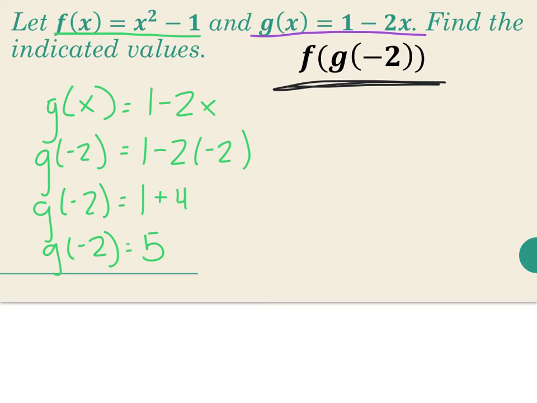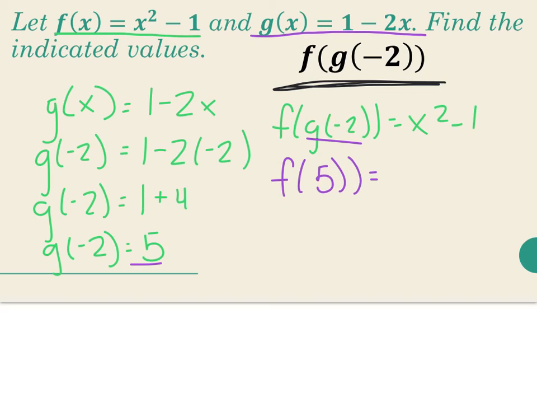We just figured that out. So now, if I was talking about f of g of negative 2, and f is x squared minus 1, well, we figured out that g of negative 2 is 5. So I'm really taking f of 5 is equal to x squared minus 1.